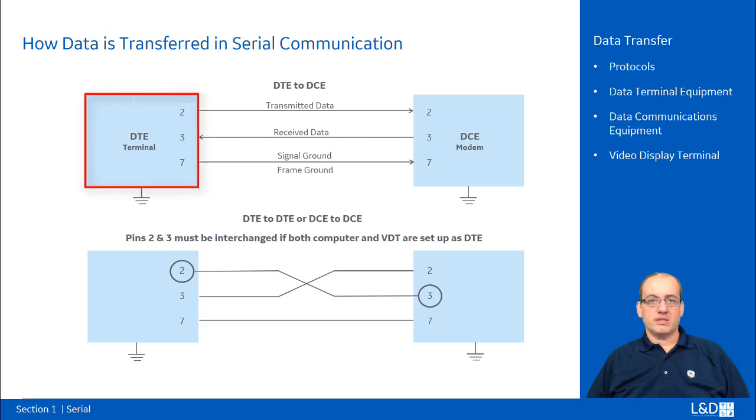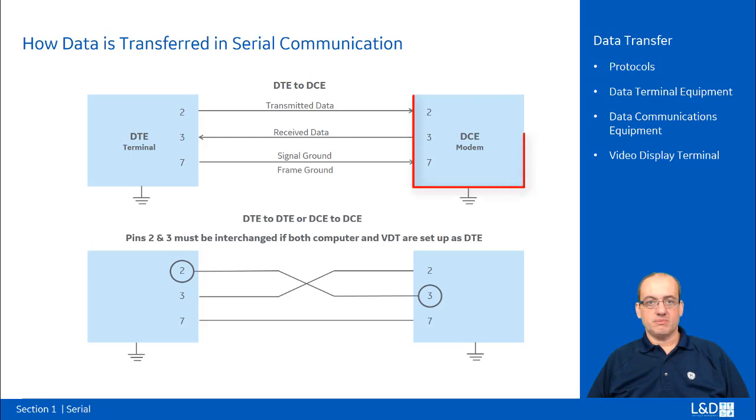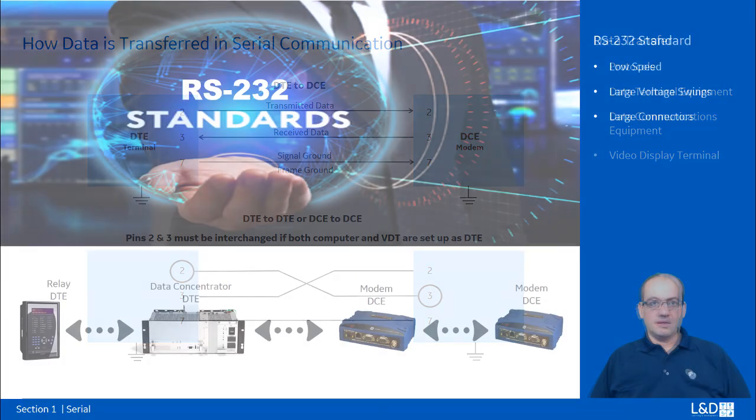The DTE, or the data terminal equipment, for example, would communicate over a serial port, yet the DCE, or the data communication equipment, has an example of a modem, which would transmit the data that's received from the DTE. You can also, under serial, communicate with a video display terminal for a monitor, where you would show the data.